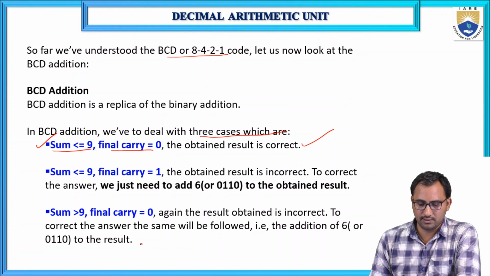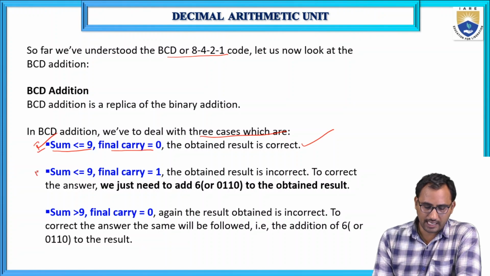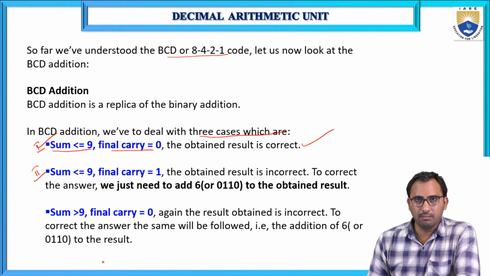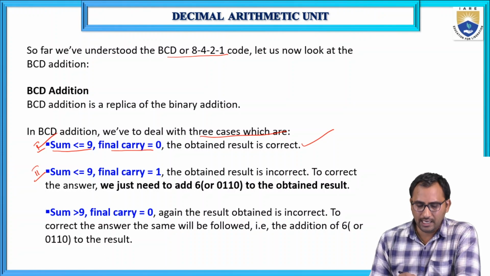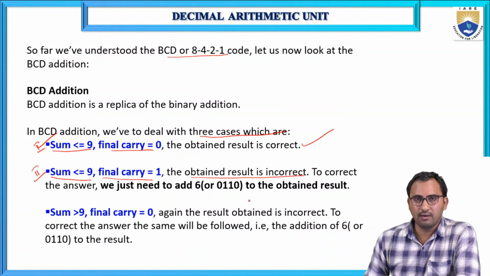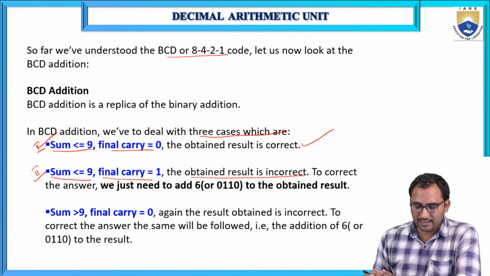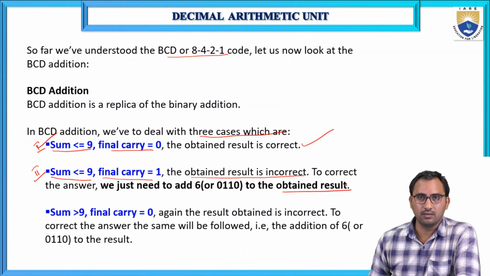In the second case, if the sum value is less than or equal to 9 and the final carry is equal to 1, then the obtained result is incorrect. Then we have to make it correct by adding 6 to that result, so that we get the correct result.